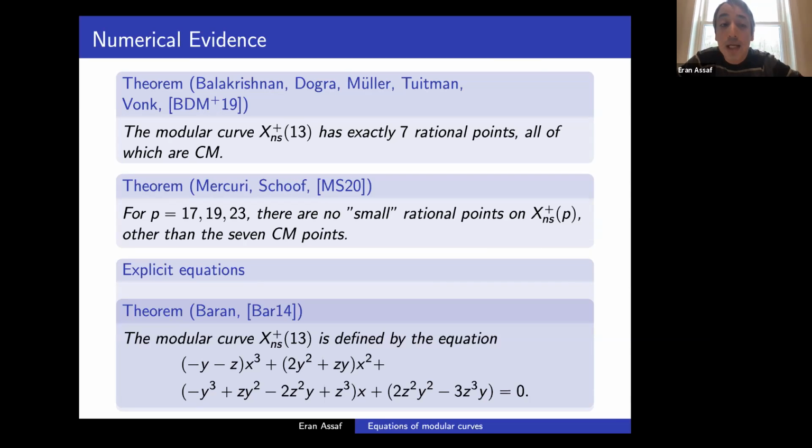The idea is that we would like to produce equations for modular curves for arbitrary primes and be able to search for points, and use our methods that work with explicit equations. Also in the cases that you see here for 17, 19, and 23, Mercury and Schoof obtained explicit equations for these curves to be able to search for rational points on them.